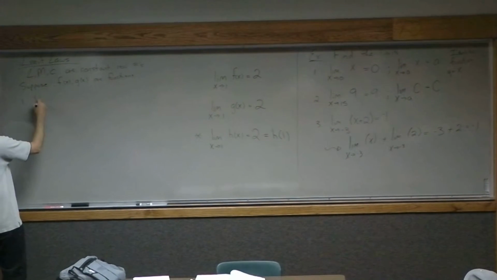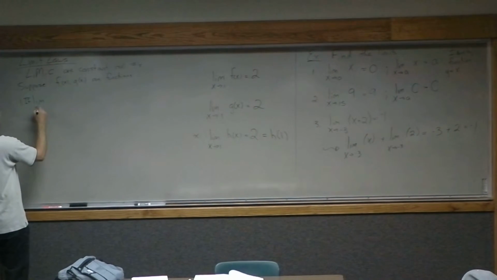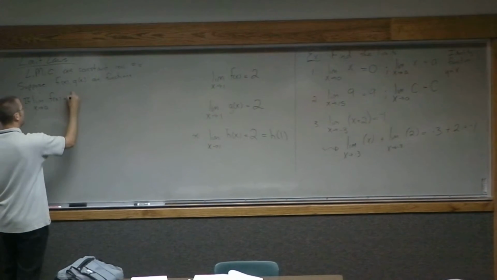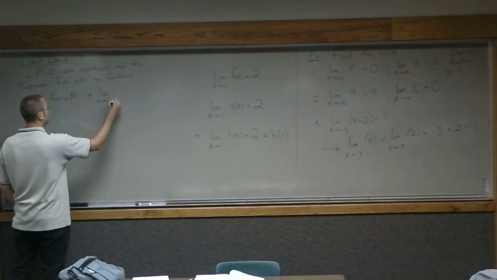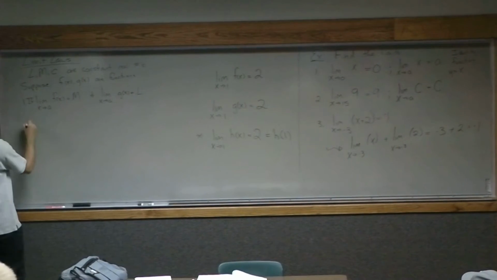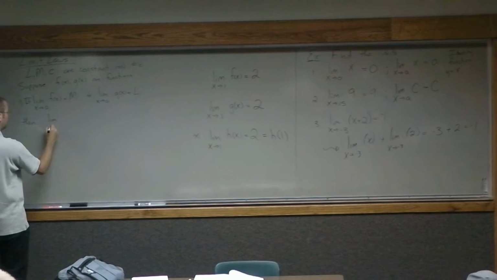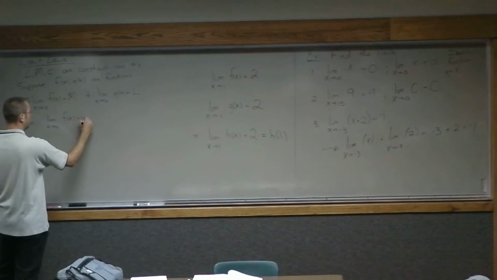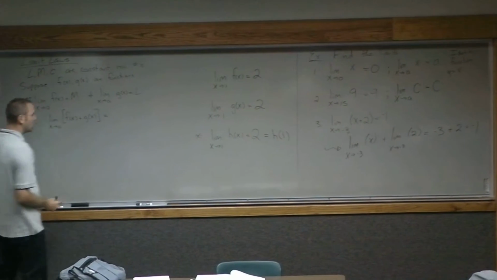First, if the limit as x approaches a of f of x equals M, and the limit as x approaches a of g of x equals L, then if I take a look at the limit as x approaches a of f of x plus g of x, what should that equal?